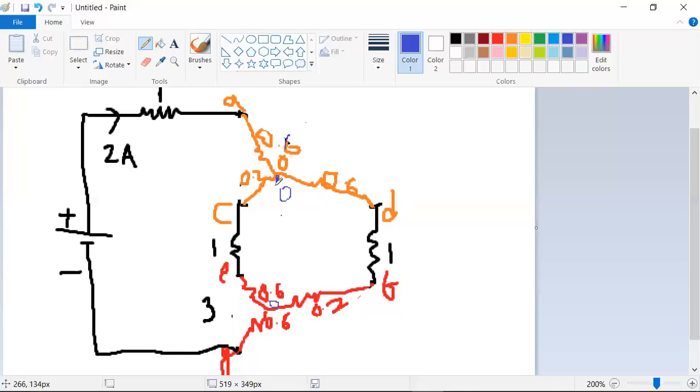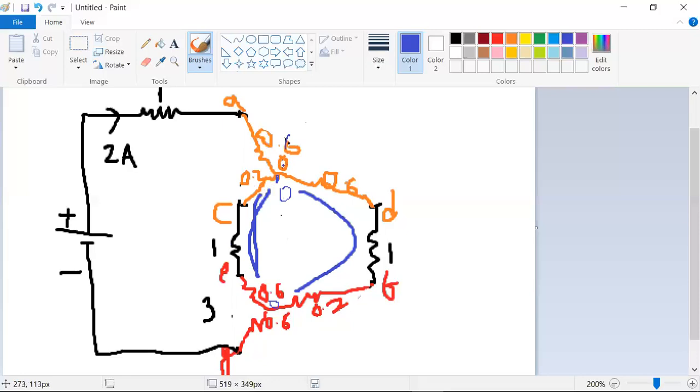If you observe this complete circuit, from here to here, 0.2 ohms, 1 ohm and 0.6 are in series.